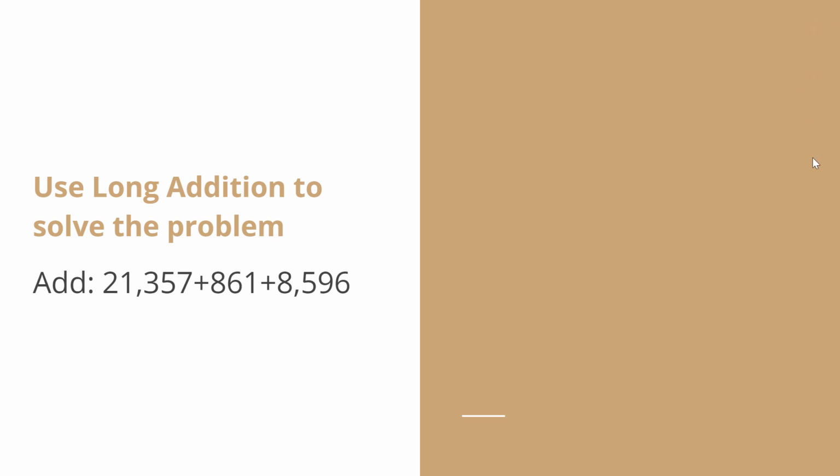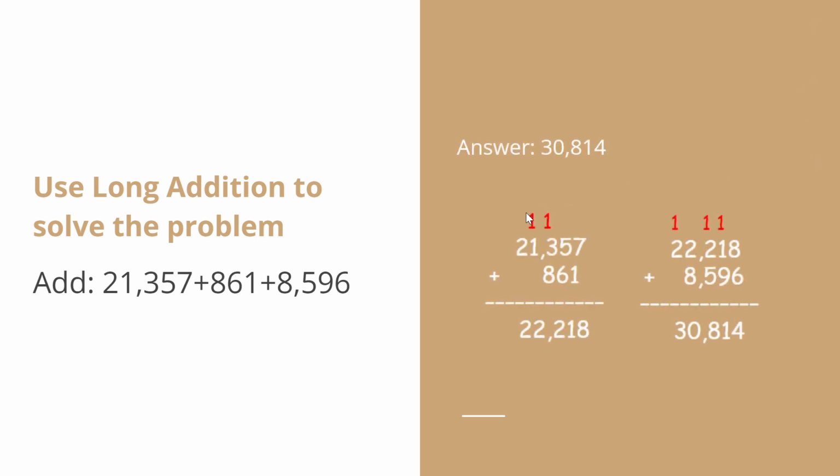Time's up. So for this question, we separate it into two steps. We add 21,357 plus 861 first. So we get the answer of 22,218, and we add it to 8,596.